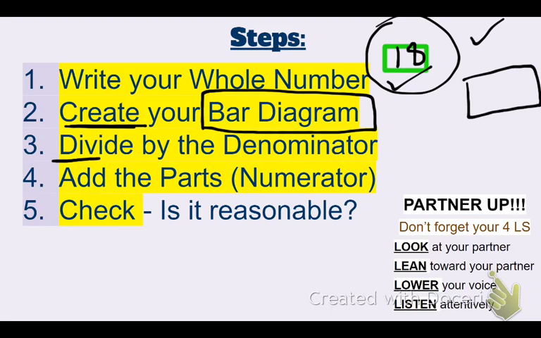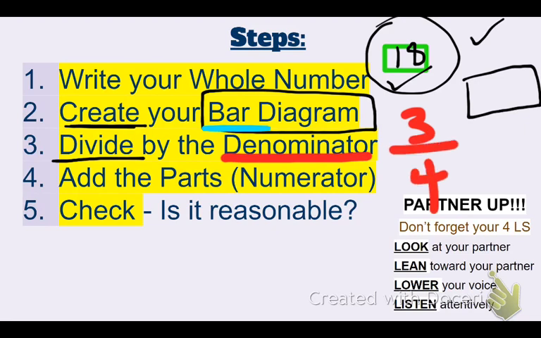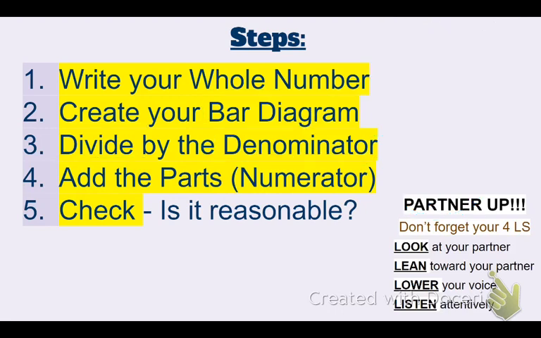Next is when we divide using the denominator. Remember, the denominator is the number on the bottom. So if I'm going to divide by the denominator, I would divide by 4 if it was 3/4. Okay, so step 1, we write that whole number. Step 2, we create the bar diagram.